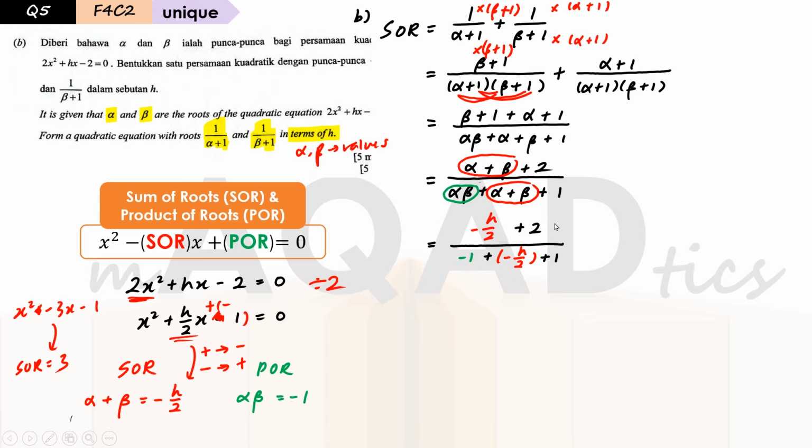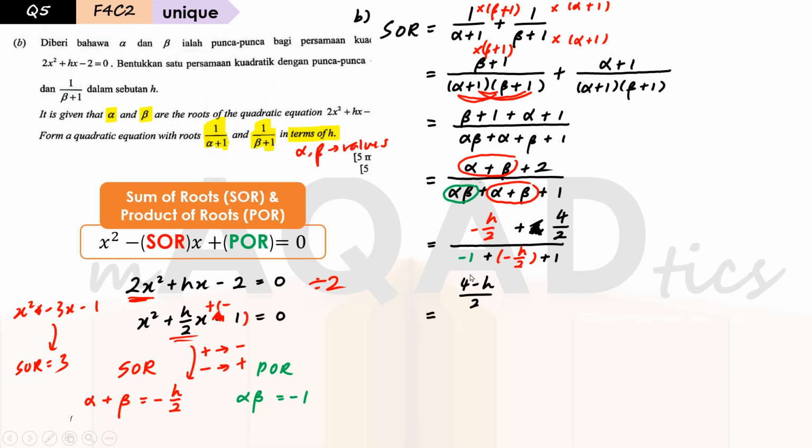Now let us simplify the things at the numerator and the denominator. If we want to combine the things in the numerator, we first need to change this value into a fraction, and let's use the denominator here, which is 2. What value divided by 2 will get 2? 4, right? So the 2 here will transform into 4 over 2, and we can add it with this value here because it has the same denominator already.